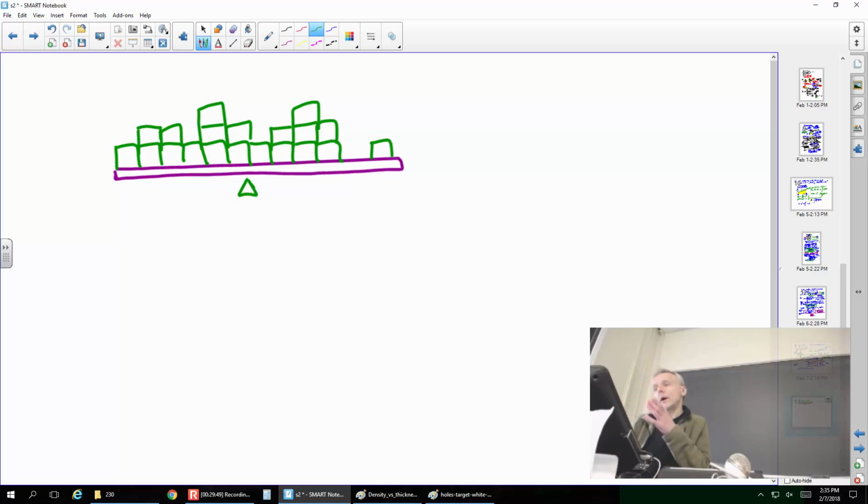Rather than having a seesaw, the seesaw idea we're done with. I'm looking at it like this. One object, still made of those little squares of single weight each. That is my object. It looks like this, and I want to balance it.